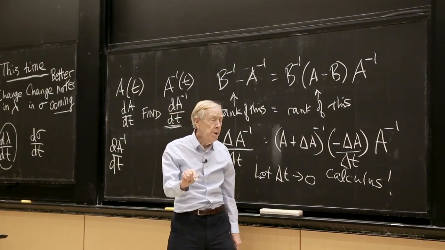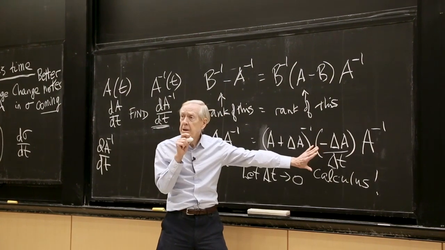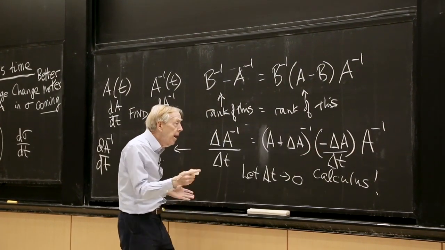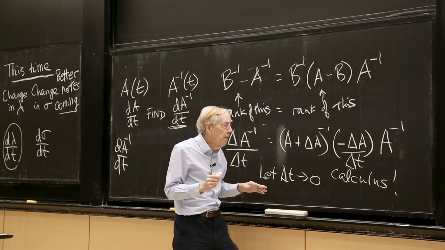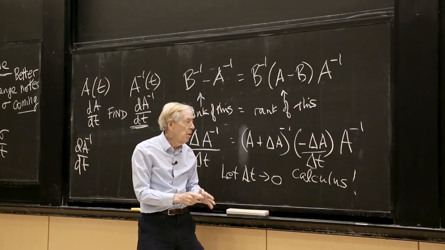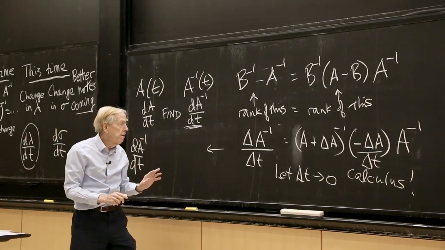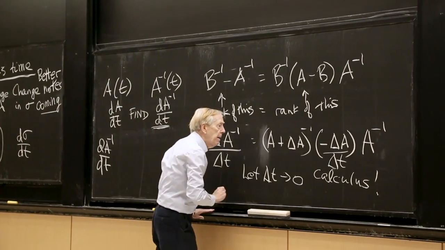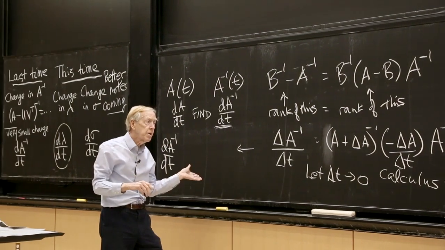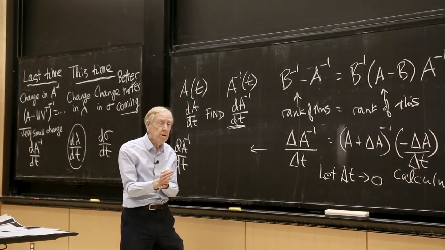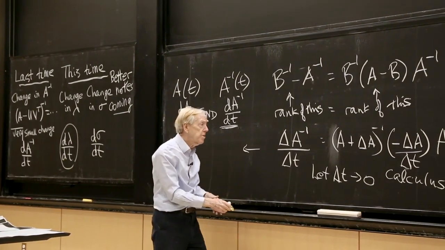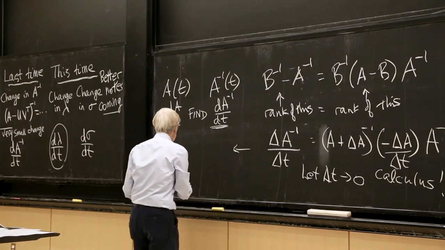But in the limit, it's the ratio that has a meaning. So dA by itself, I don't attach a meaning to, that's infinitesimal. It's the limit, so that's why I wanted a delta over a delta, so I could do calculus. So what happens now as delta t goes to 0, and of course, as delta t goes to 0, that carries delta A to 0, so that becomes A inverse.